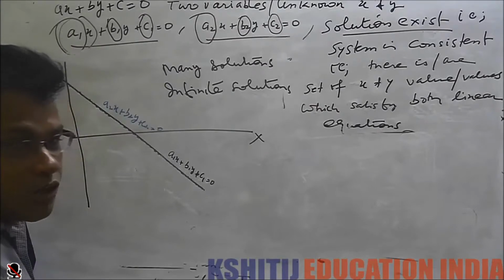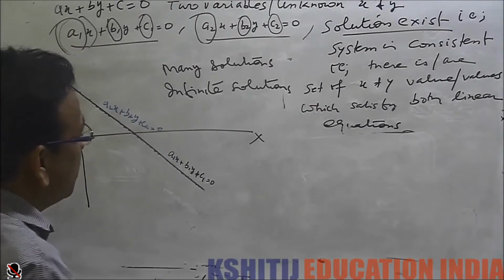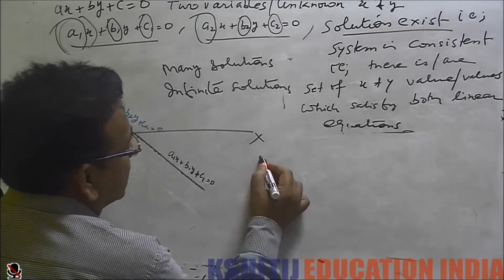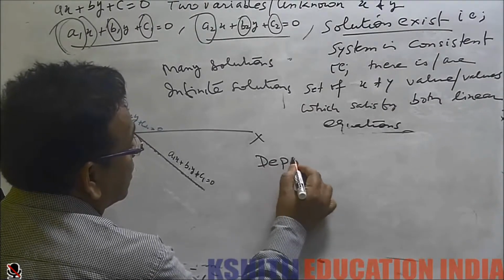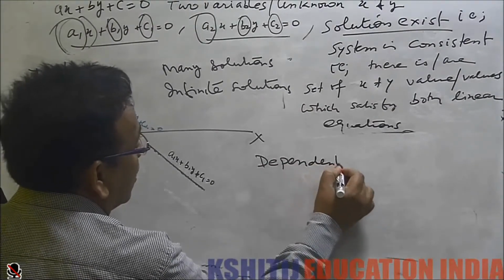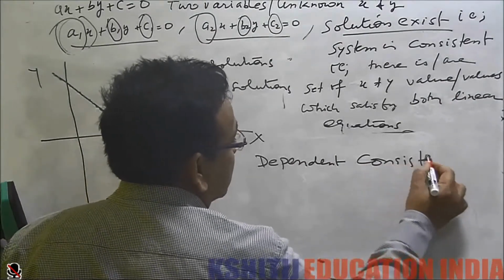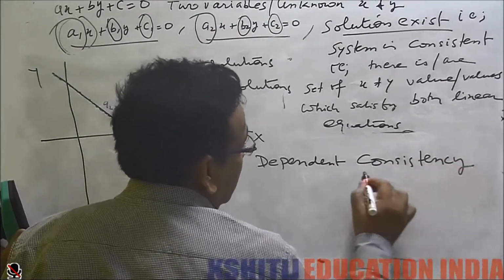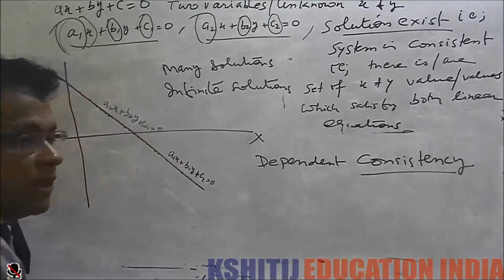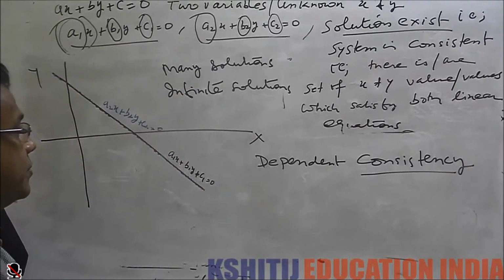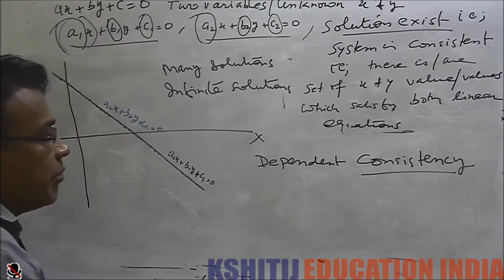This is also known as dependent consistency. It is a consistency, but a dependent consistency, because both equations are representing the same line.